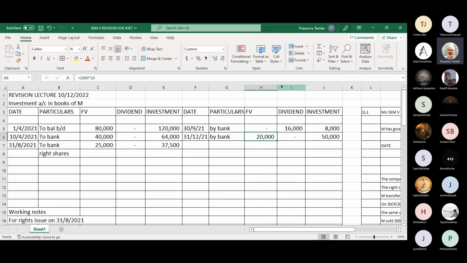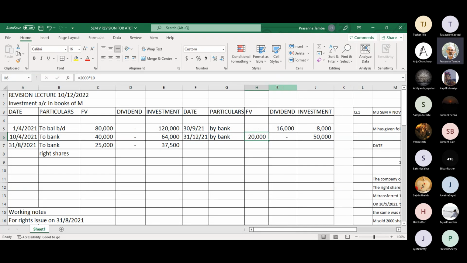And then on the same day, we have to transfer the profit. So the entry will be investment account debit to profit and loss account. This is the profit. What is the profit on sale?